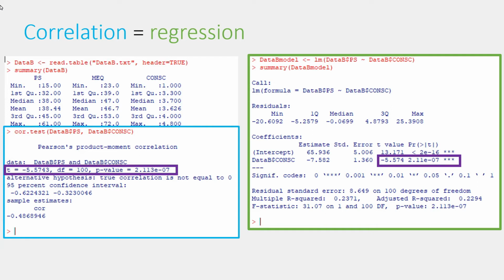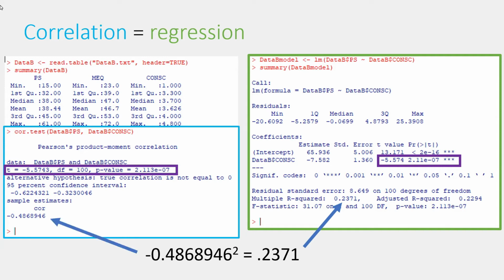So the t-test for the slope of the regression line is the same as the t-test for the correlation coefficient. This makes sense and is just a demonstration of what we already saw in terms of how each are computed in an earlier lecture. A secret bonus here is the fact that the regression output also gives us the correlation coefficient. It's just squared and referred to as multiple r squared.